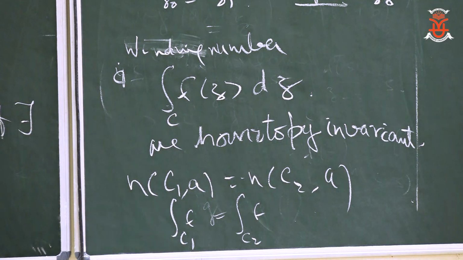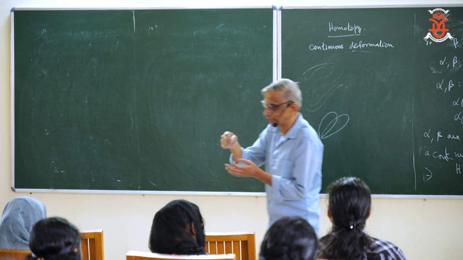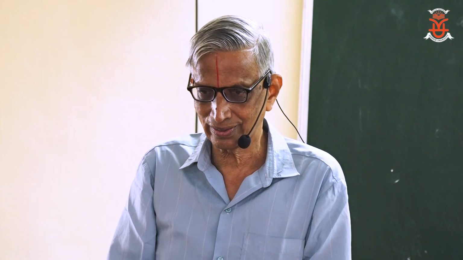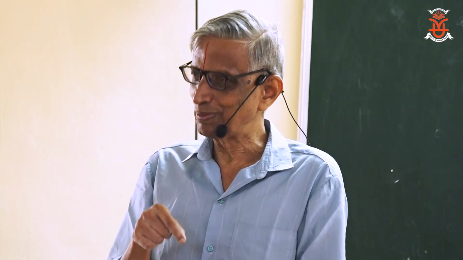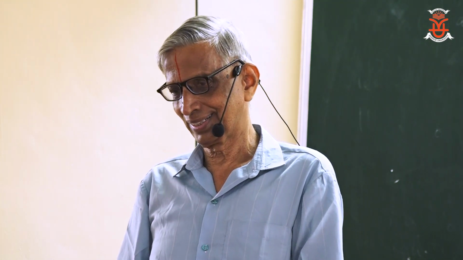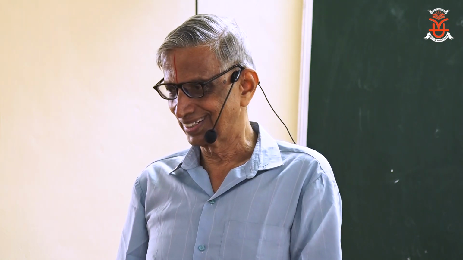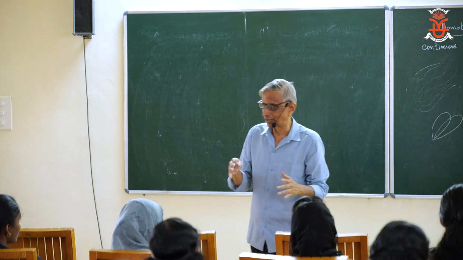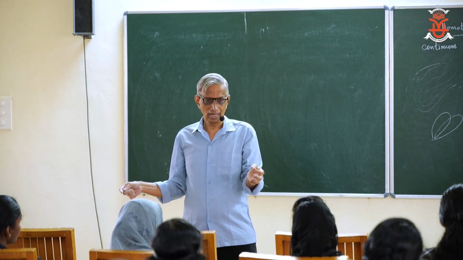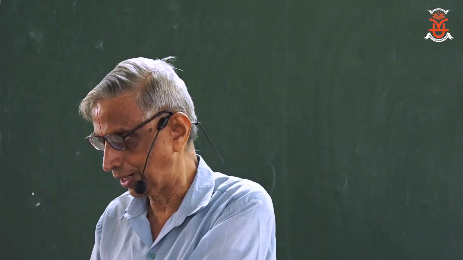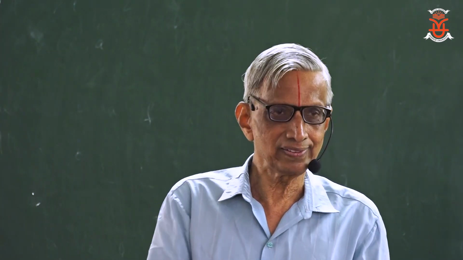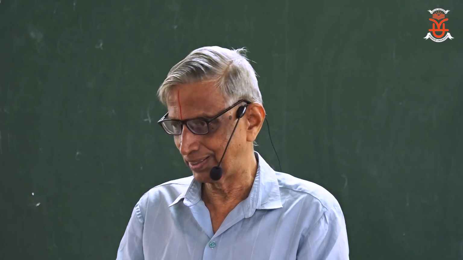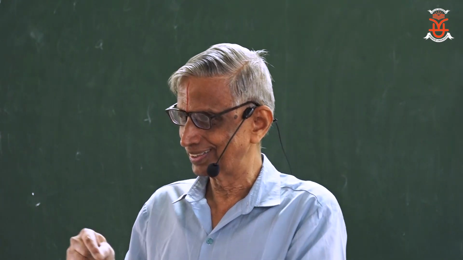So in particular, when you consider loops, the constant loop. What do you mean by constant loop? A constant function. What is a loop? A function from 0,1 to C so that alpha 0 is equal to alpha 1. Suppose alpha is a constant equal to z0. This is what is called a constant loop at z0. There is no loop, just a point.